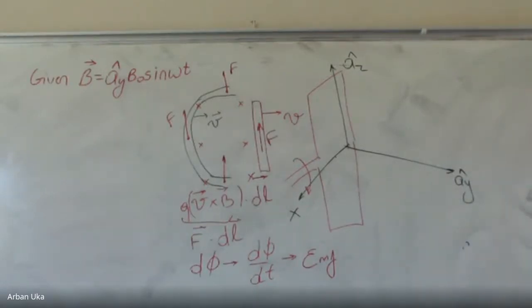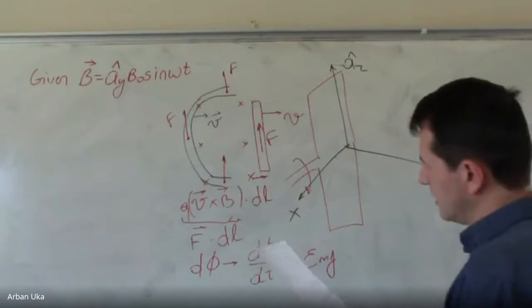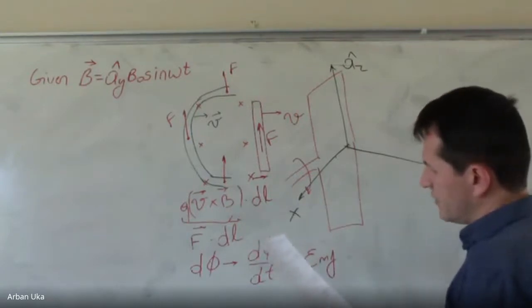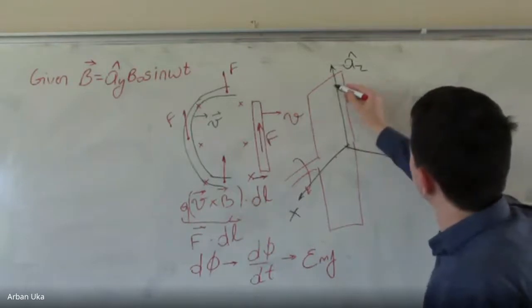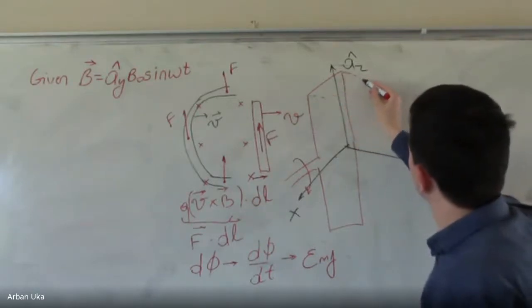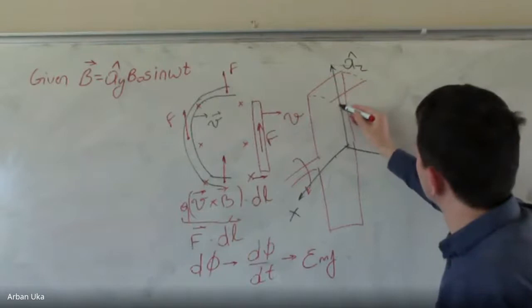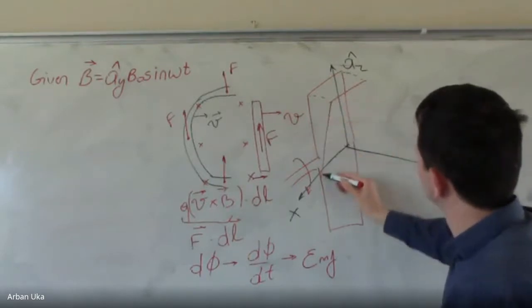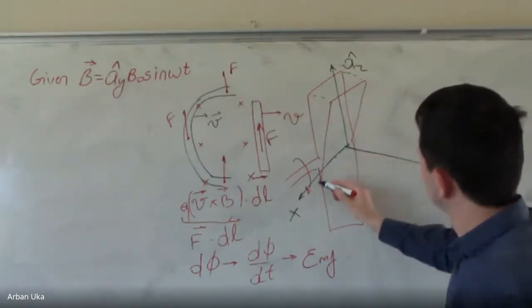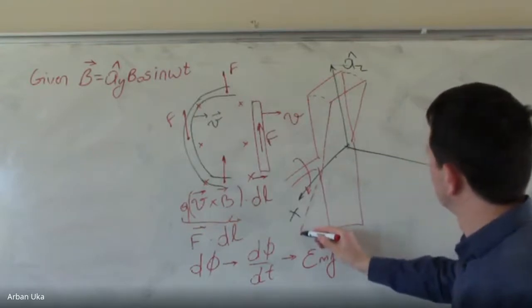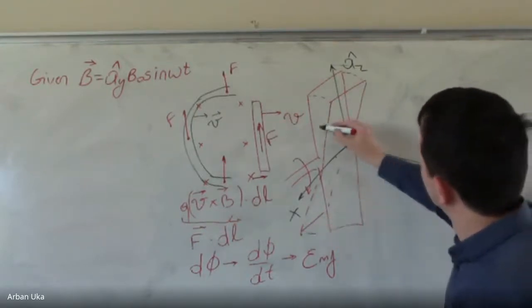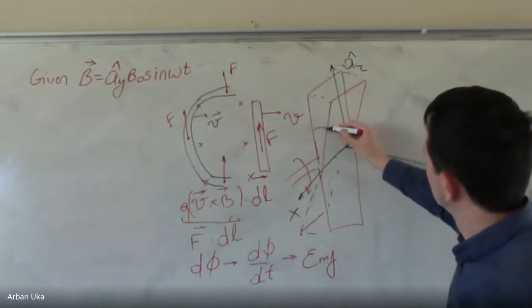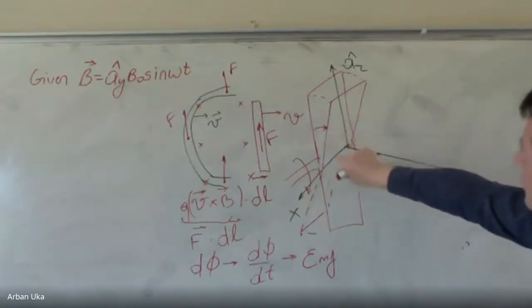So if we have this circuit that at some instant is here, but probably a little later it will shift, it will rotate to the front, which means that it's going to be here. So this is going to rotate in this angle.